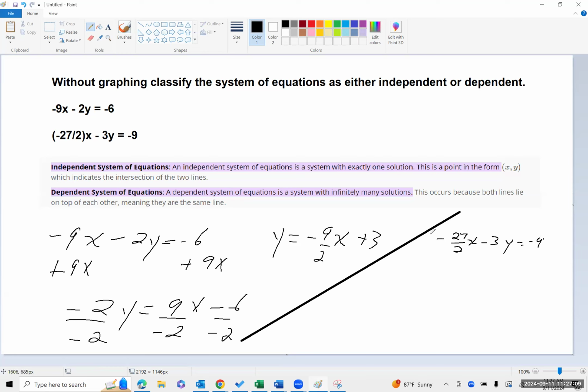Now, I'm going to multiply everything by 2. That'll allow me to get rid of the fraction and make my work a little bit easier.